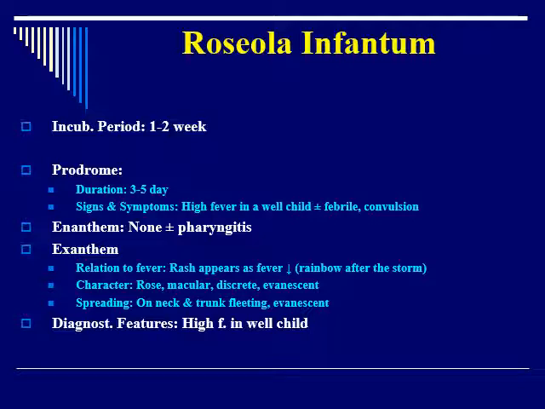It is characterized by high fever, 40 degrees centigrade or more, which may cause febrile convulsion. In spite of the high fever, the infant is in a good general condition, and this is very important. There are no localizing signs for such elevated temperature.